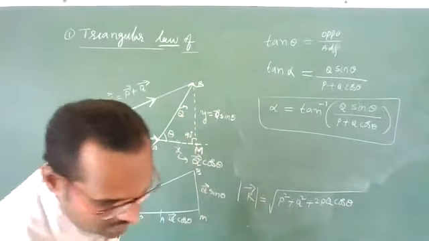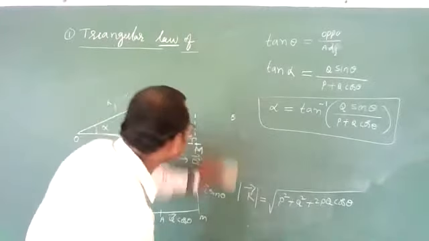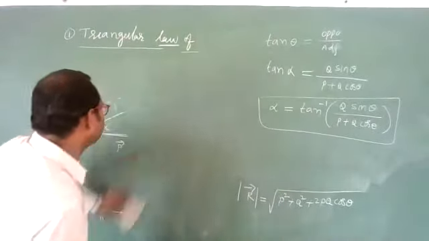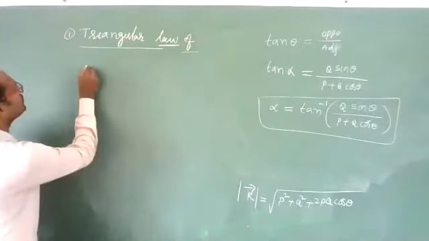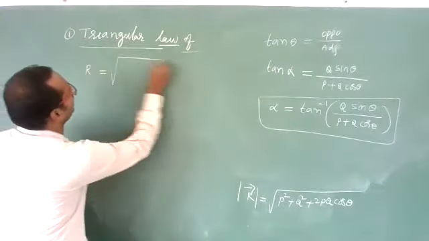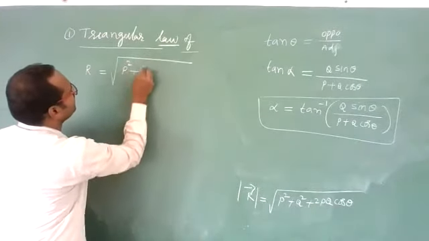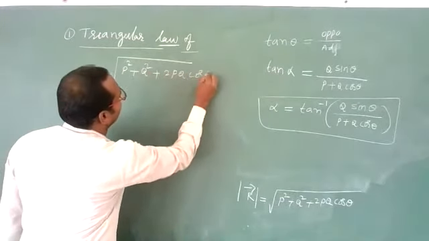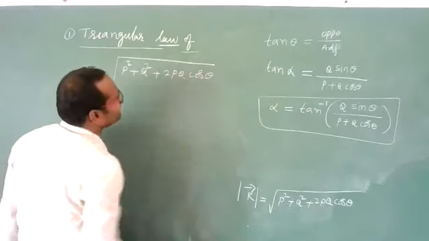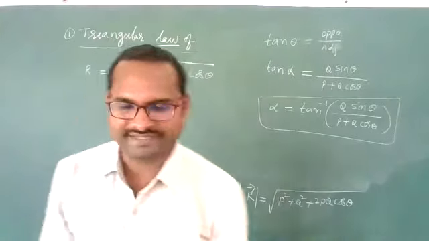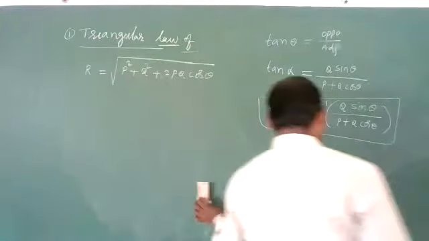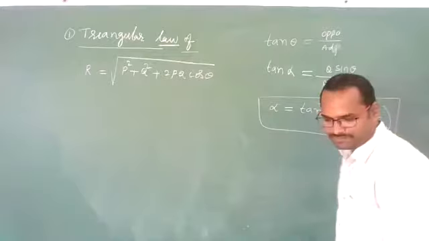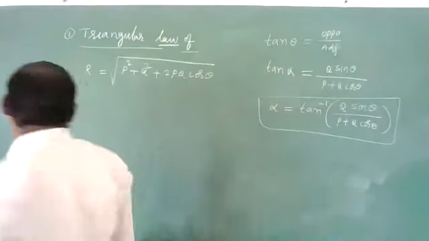Students, you got the resultant of the two vectors: r is equal to under root of p square plus q square plus 2pq cos theta. Theta is the angle between the two vectors. Now let us suppose the two vectors are parallel.